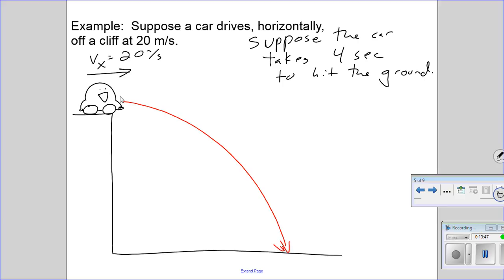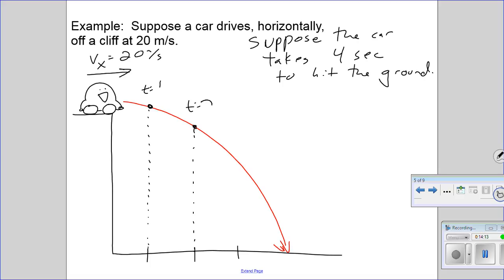All right, so let's do this. Let's break it up into 4 equal chunks. So I'm going to chop it in half. That's 2 equal chunks. 4 equal chunks, right? Okay. So here's what I'm going to do. Dotted line. T equals 1. That's where the car is after 1 second.